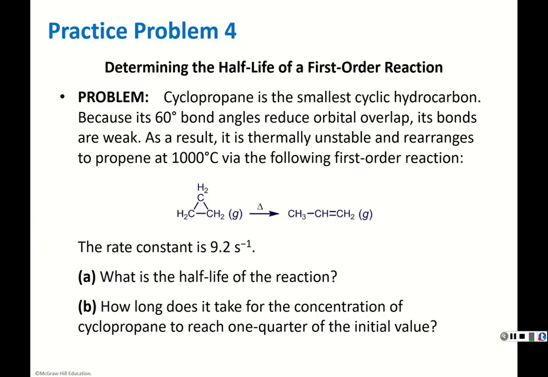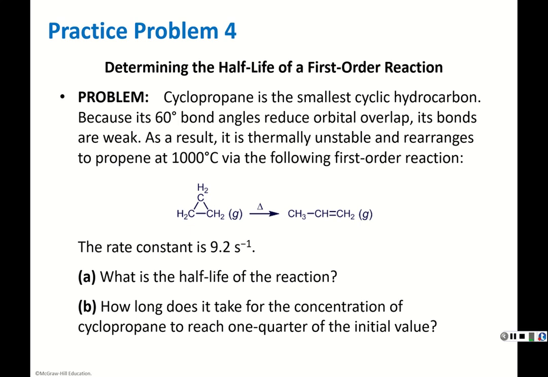Okay. Here's a question where we have to calculate a half-life. Cyclopropane, which is shown here as that triangular molecule, is the smallest cyclic hydrocarbon. Because its 60-degree bond angles reduce orbital overlap, its bonds are weak.